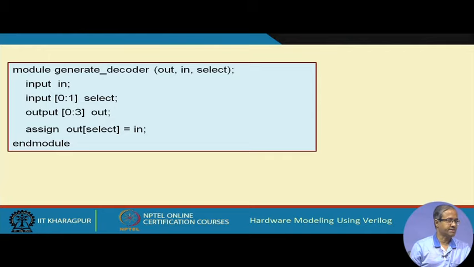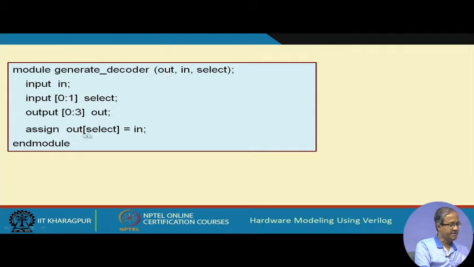So, let us take another example. This is the example of a decoder, means this is an example which will be generating a decoder. Here you see what we have given. We have one input, in, a single bit input, select is a 2 bit vector and out is a 4 bit vector.